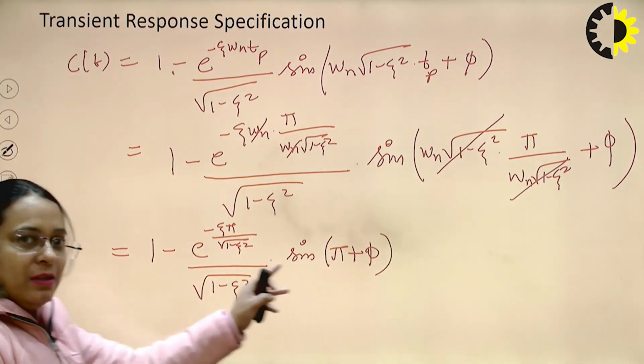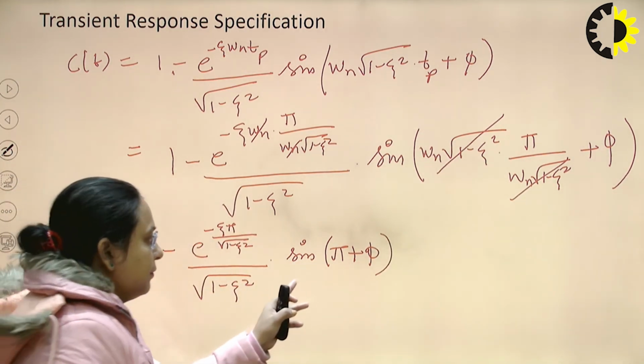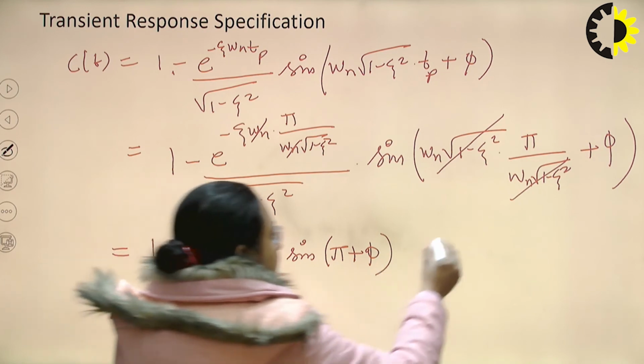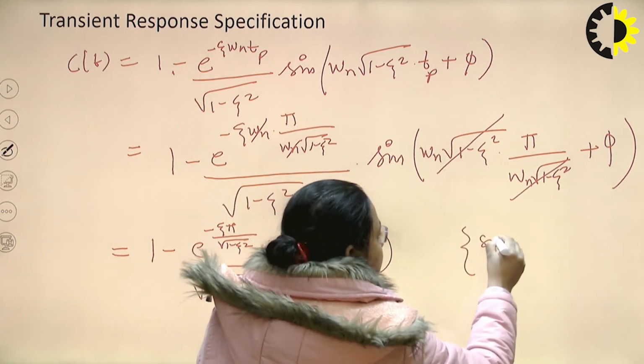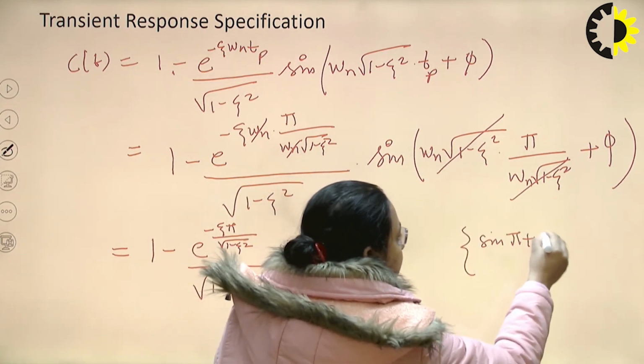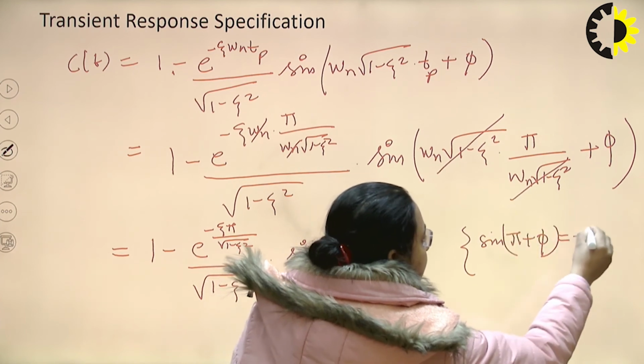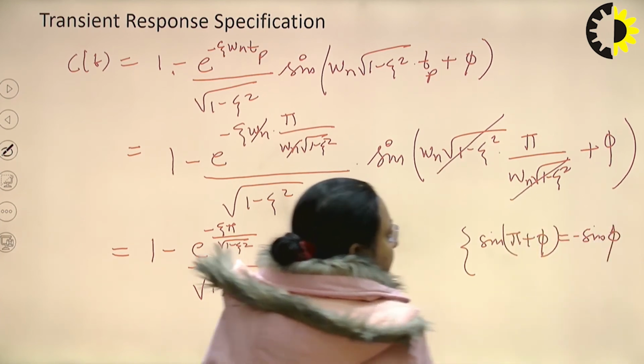So sine pi plus phi can be written as minus sine phi. We can write sine pi plus phi is equal to minus sine phi, okay.